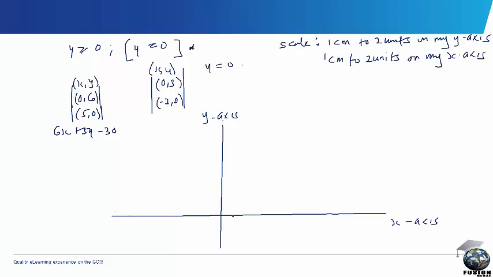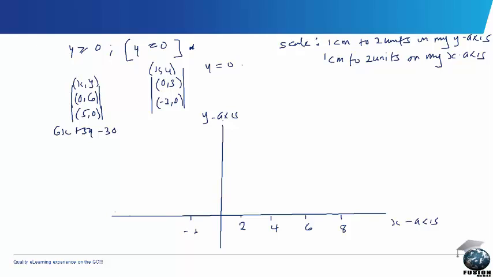So that means each 1 centimeter represents 2 units.